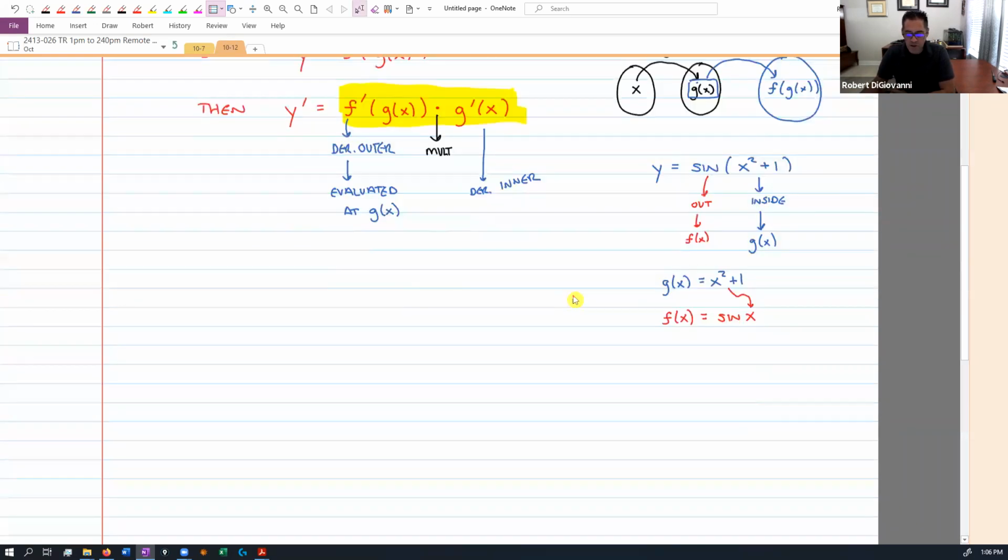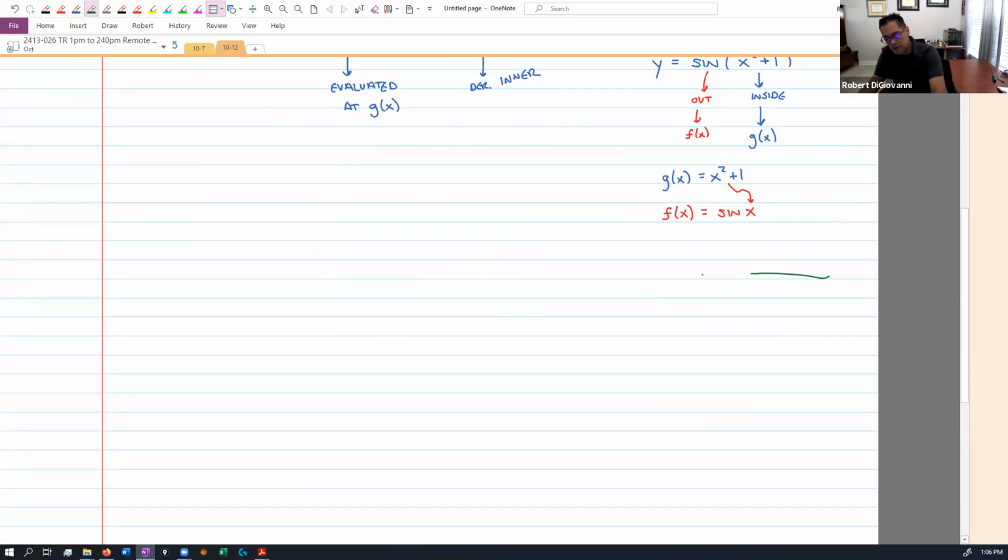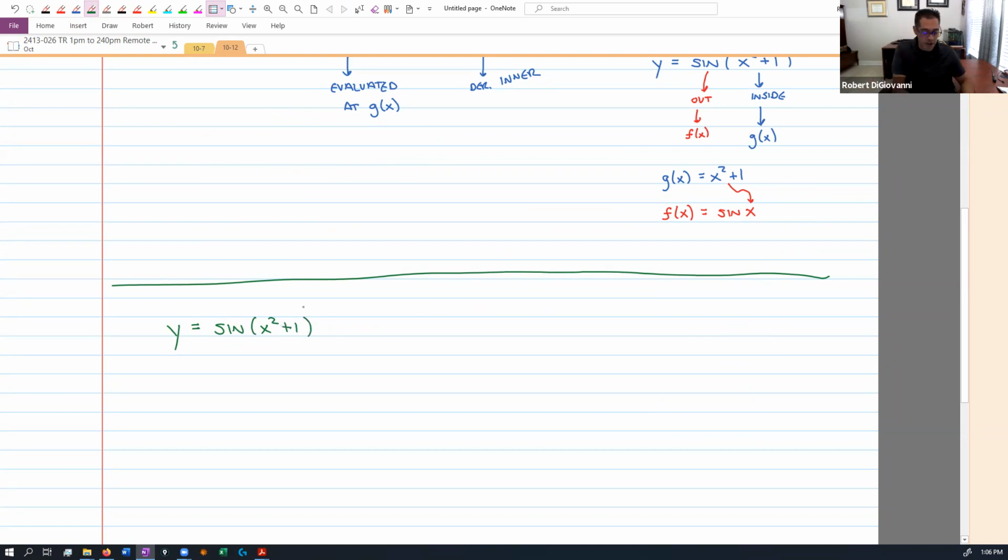So let's do this problem. Let's just start from scratch, and let's take this function y equals sine of x squared plus 1. The first approach for chain rule is this. I'm going to identify the inner and outer function. So the outer one is f of x, which I'm going to say is the sine function.